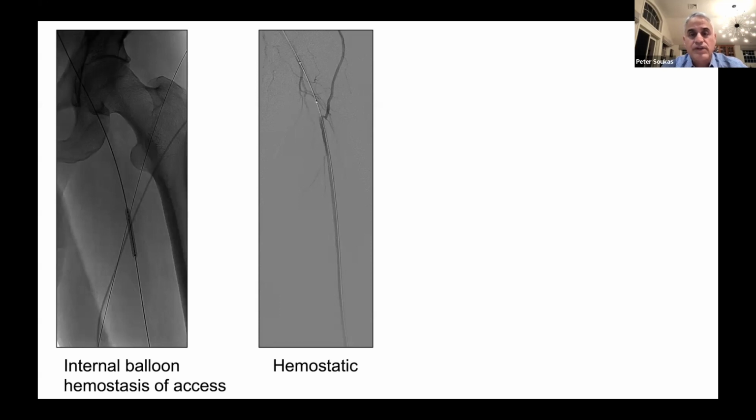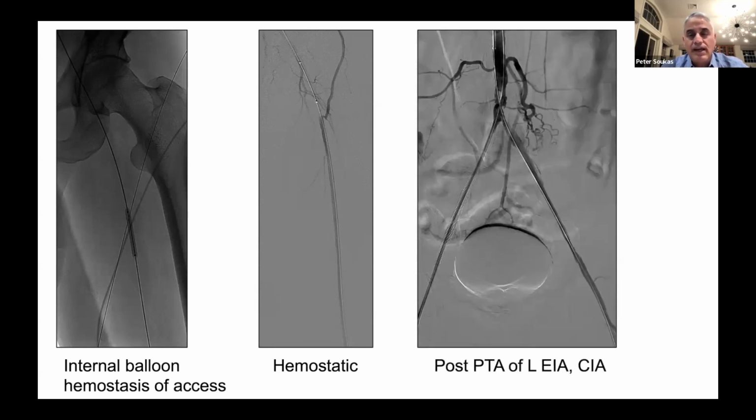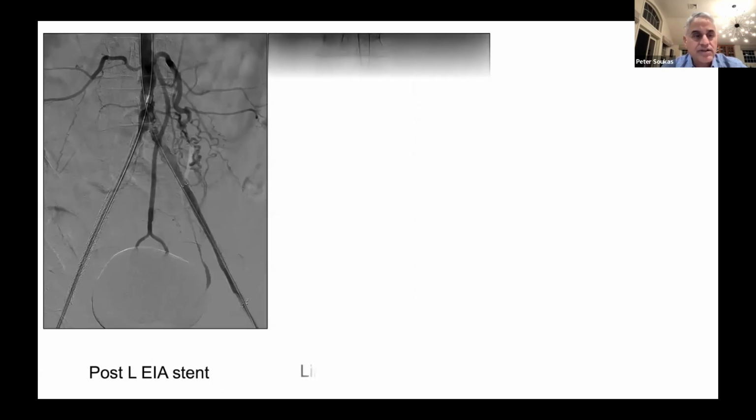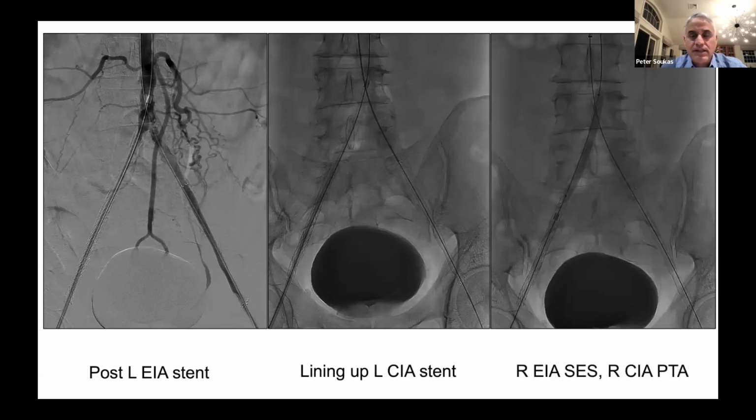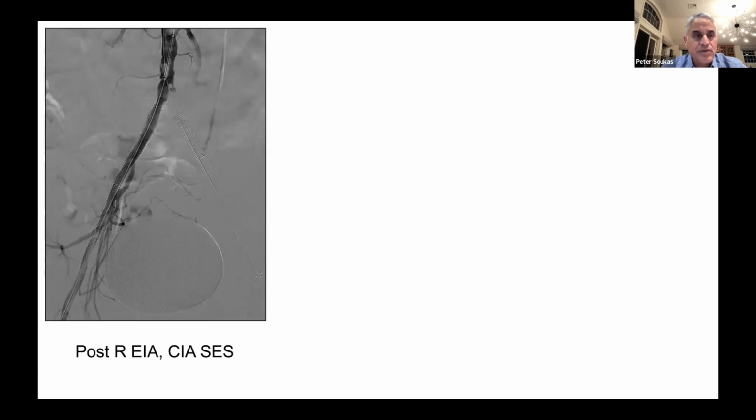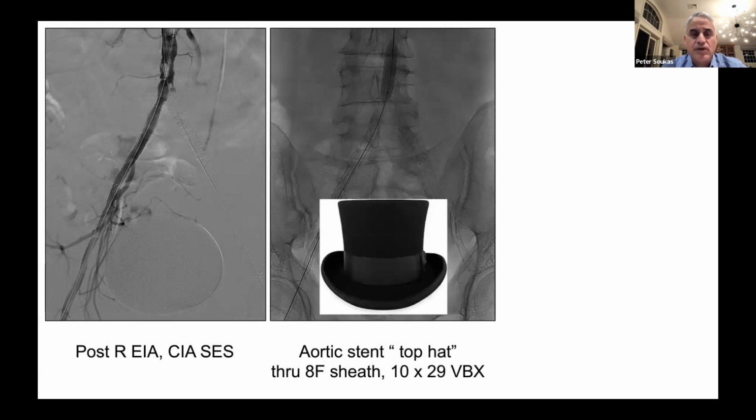Once we confirmed we were hemostatic, we went ahead and treated this complex aortic bifurcation with balloon angioplasty of the iliacs and external iliac stenting bilaterally, lined up the left common iliac, stented the right, and then for the bifurcation, we elected to treat that with a so-called top hat and trousers approach, where we place an aortic stent in the distal abdominal aorta after upsizing to an 8 French sheath on the right.